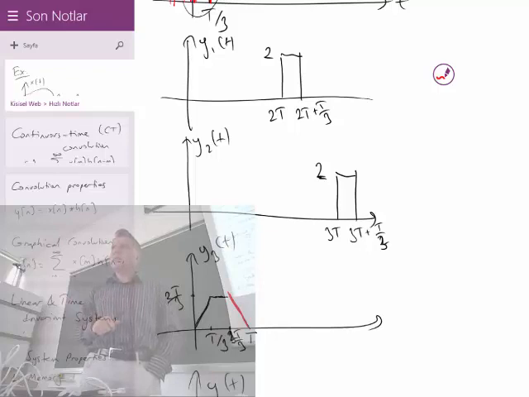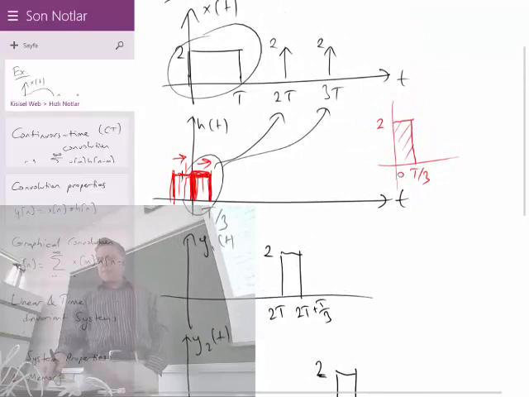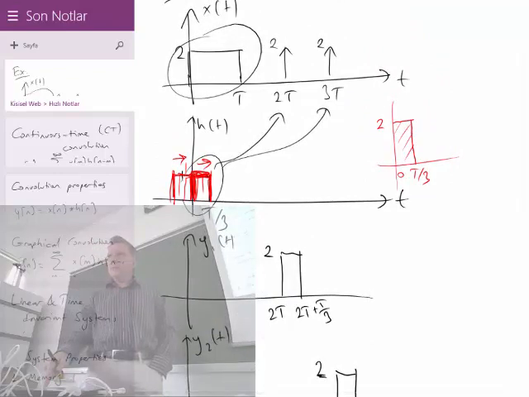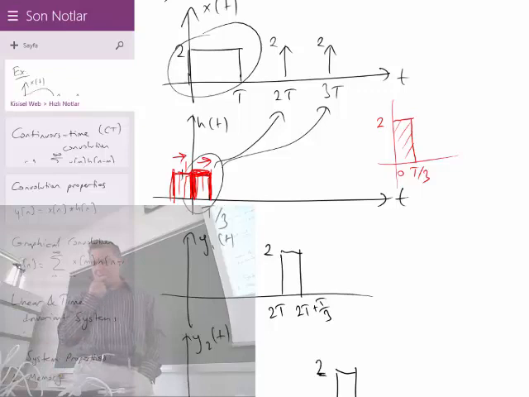No, it will be at t. Yes, because, let's see, you may be right. At 0, it's here, and at t over 3, it reaches the maximum. At 2t over 3, it is still at the maximum.